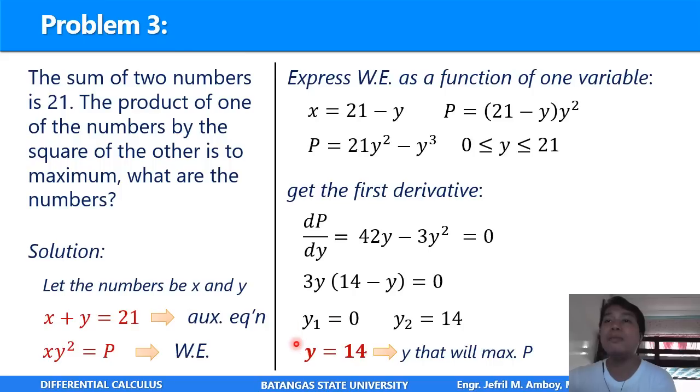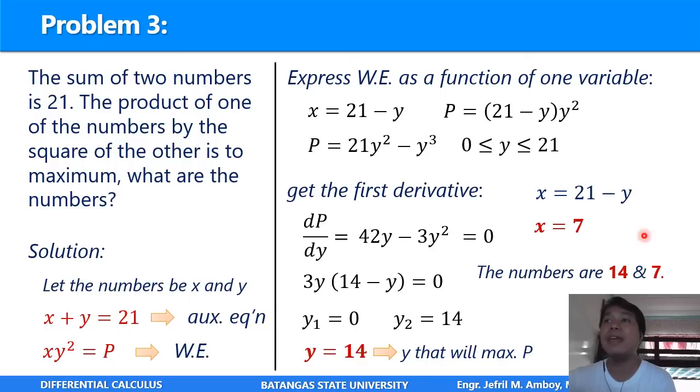So we already obtained one of the numbers, 14, and the other number is x, which is 21 minus y. And if y is 14, 21 minus 14 will be 7. So the other number must be 7. So now we're able to obtain the numbers. The numbers are 7 and 14.